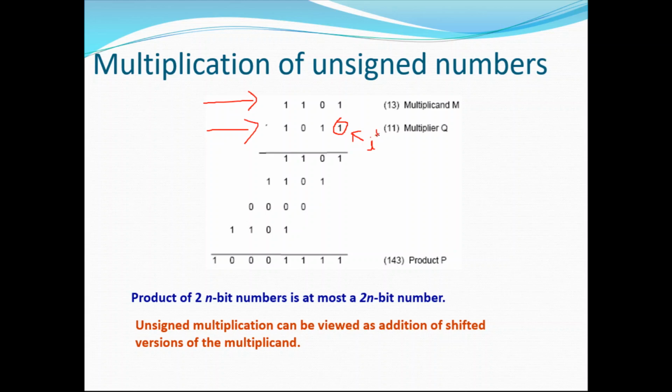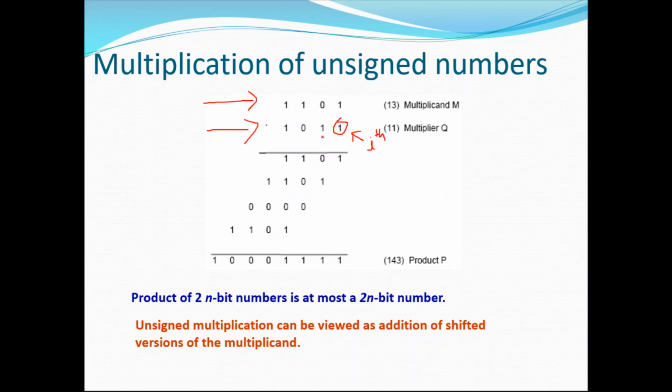If the ith bit is 0, then just copy zeros and shift it by 0 times. If the ith bit is 1, then copy the multiplicand and shift it by i times.